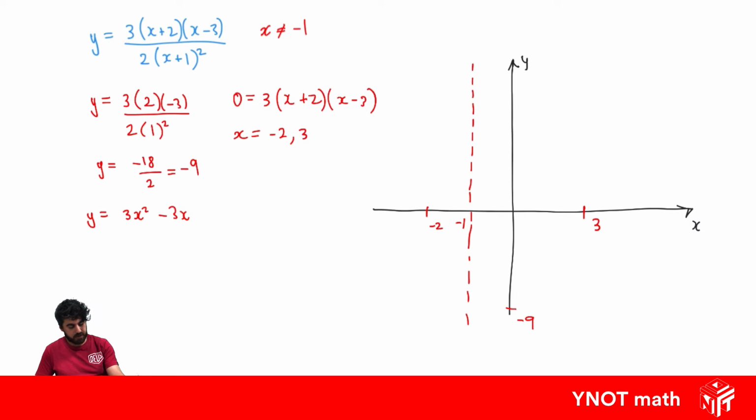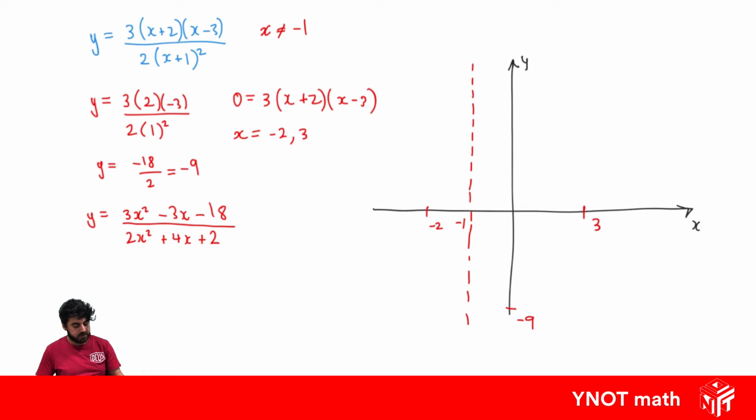Then 2 times minus 3 is going to give us minus 6, times the 3 is minus 18. All over, well, we're going to get x squared times 2 is 2x squared, plus 2x times 2, which is 4x, and plus 1 times 2, which is 2.